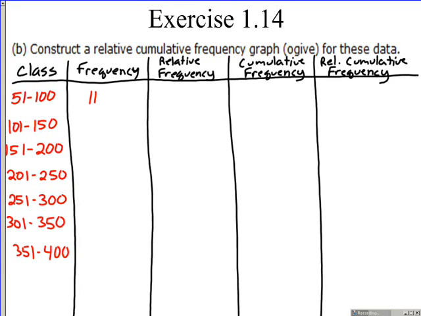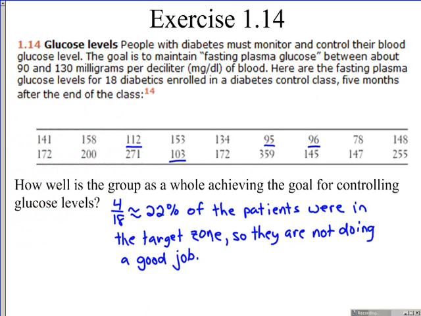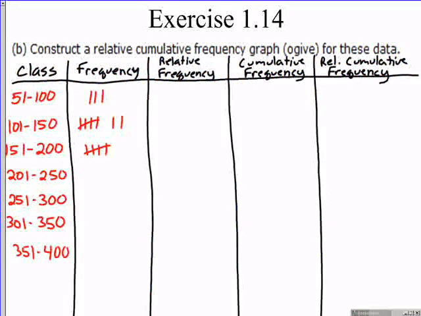There are 3 in there, 7 from 101 to 150, 5 of them from 151 to 200, none in the next group, 2 of them in here, none in the next group, and 1 in there.